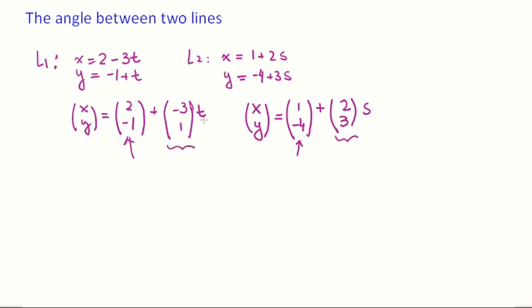So just by comparing those vectors, we can find out the angle between them. So if I extract, let's call this vector B1, and let's call this vector B2. All we have to do to check the angle between those 2 lines, L1 and L2, is compare the angle between those 2 vectors.